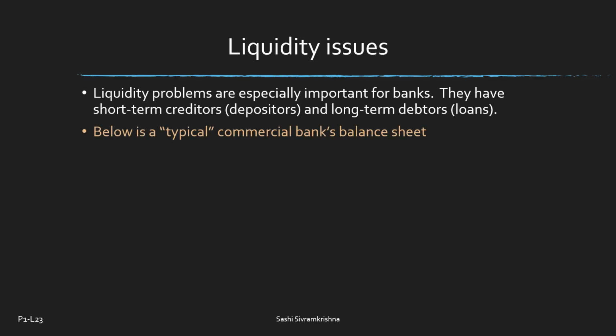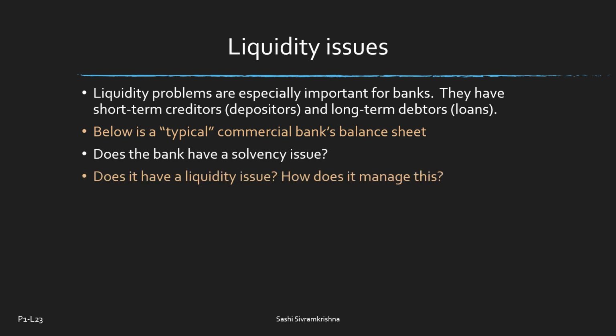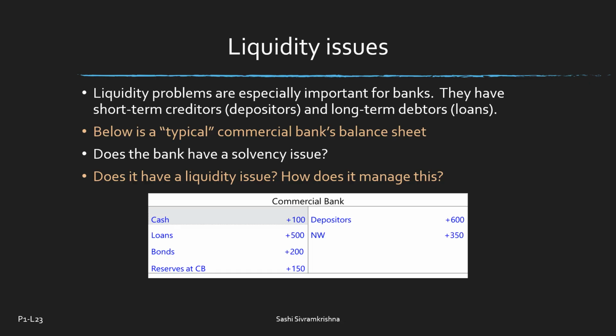Here is a typical balance sheet of a commercial bank. You can see from the balance sheet whether the bank has a solvency issue or whether it has a liquidity issue. And if it has a liquidity issue, how can it manage this problem? This is a typical balance sheet of a commercial bank with cash of 100, loans given out by the bank, which are financial assets of 500. It holds government bonds of 200.